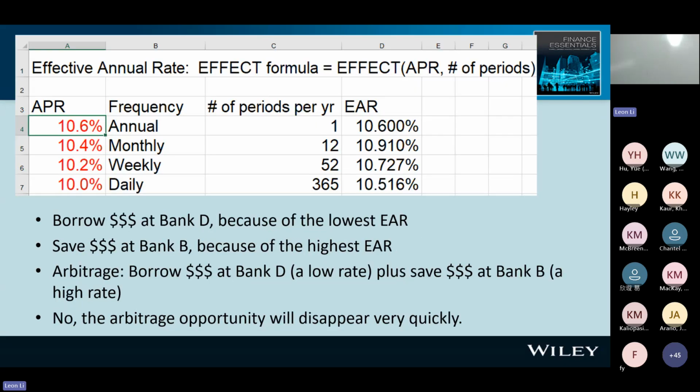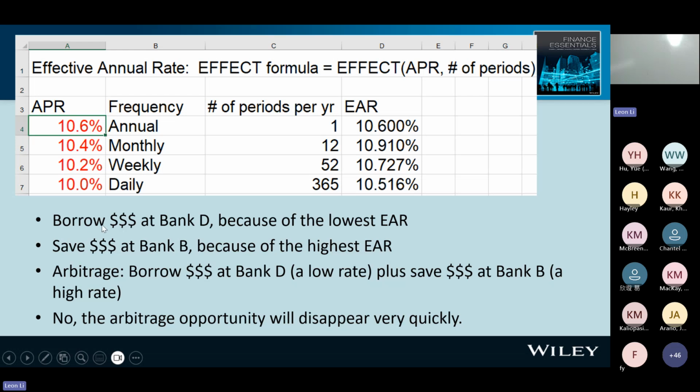So I enter the information into Excel. We have different frequencies, different APR rates. Then we convert APR to EAR. By the way, this example is available on our Moodle page. So we have the EAR. Now our decision is simple.